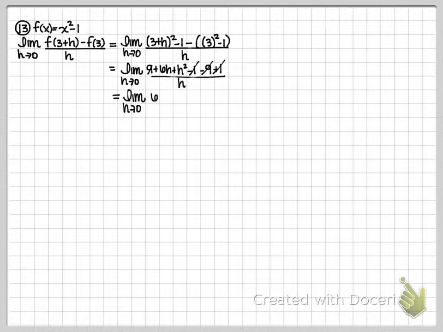Now, once you get to the point where it looks like it's cleaned up a little bit, go ahead and take a stab at direct substitution. However, it really shouldn't take you too long to see that this is not going to work, because everything on the top has an h times it, so that becomes 0, and then you have the h in the bottom, which is 0. All right, so let's try the techniques that we know. Let's factor out.